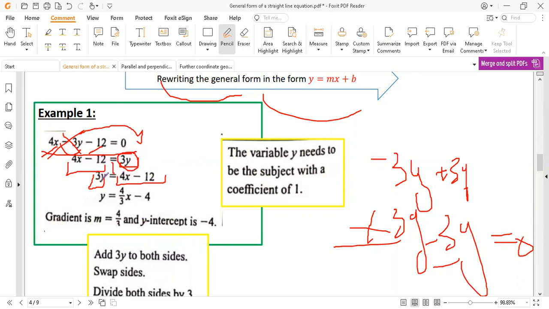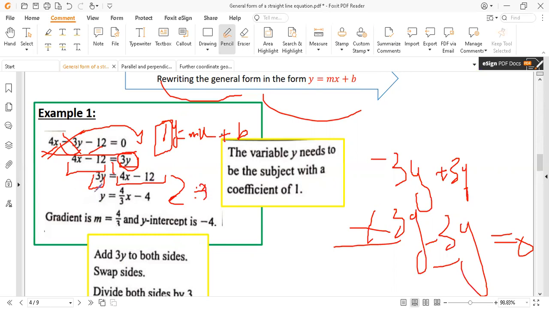When the term in y is the subject, we need to rewrite it as y equal to mx plus b. So the main idea here is the coefficient of y equal to 1. To get rid of 3, we have a 3 times y, so we divide all the terms of this equation by 3.